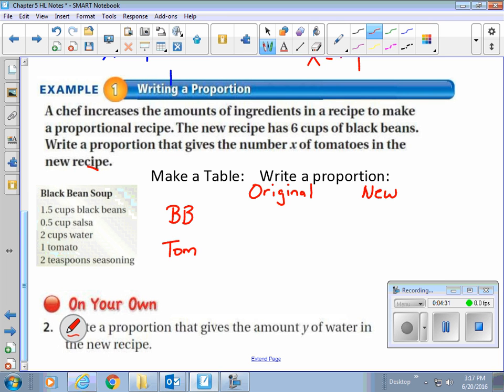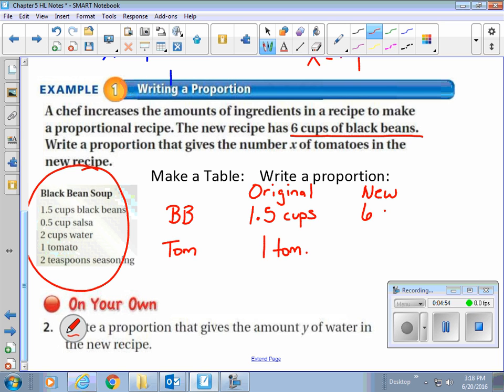Looking at the recipe for black bean soup, it says that we need 1 5/10 cups of black beans in the original recipe. And tomatoes, we need 1 tomato. In our new recipe, it's telling us it calls for 6 cups of black beans. Therefore, we want to figure out how many tomatoes we're going to need.